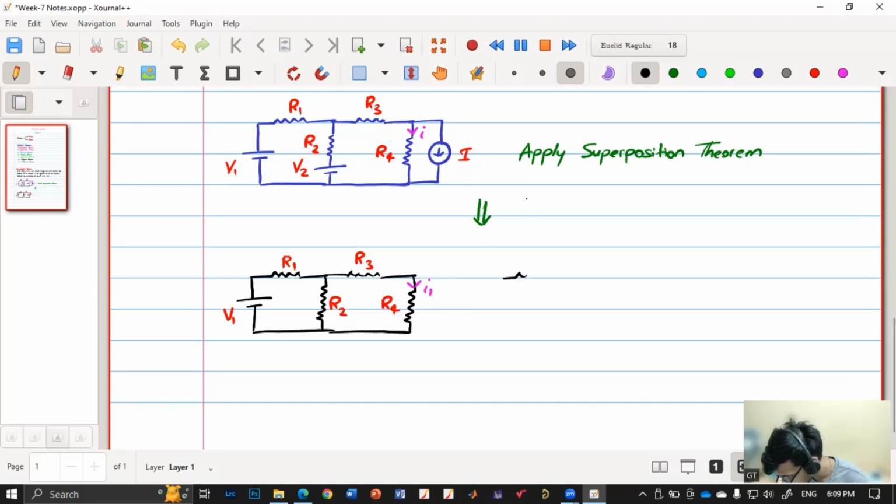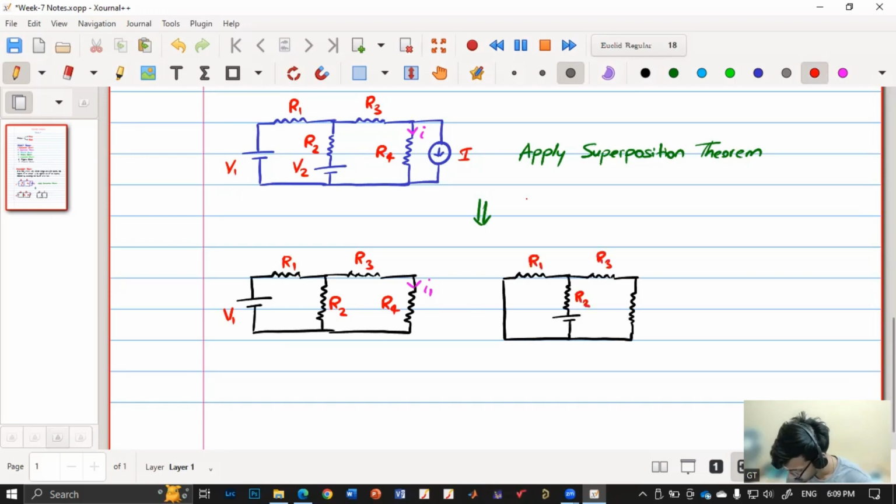Now I'll consider V2, and I will still not consider I. R1, R3, R2, V2. And this is R4 and current say I2.